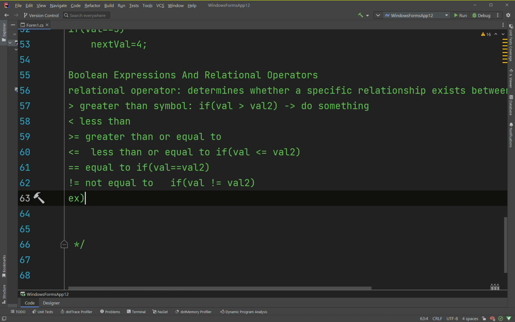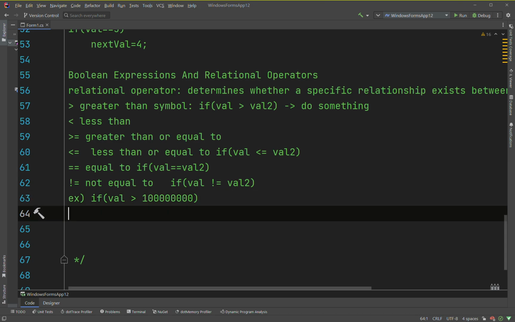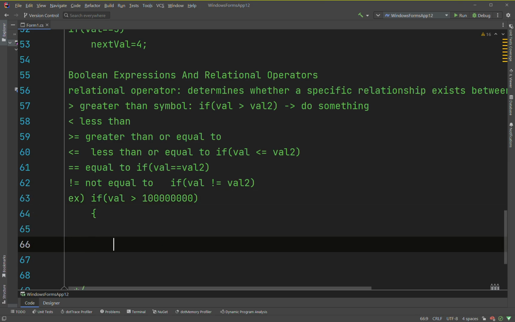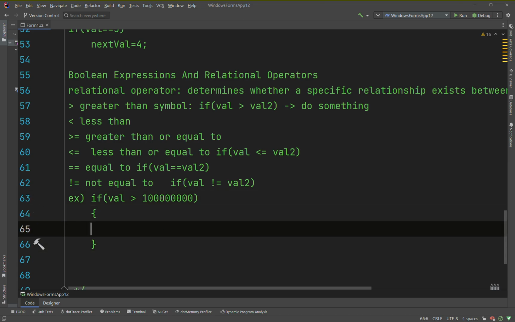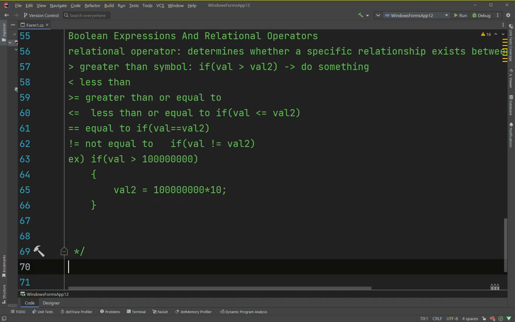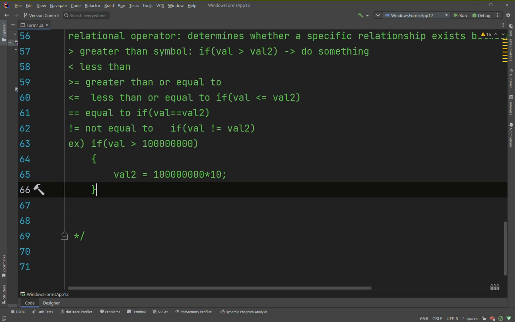So if, for example, val is greater than some large number, then we want to set val2 to point to that number times 10, something, whatever you want. Otherwise it won't multiply that number by 10.